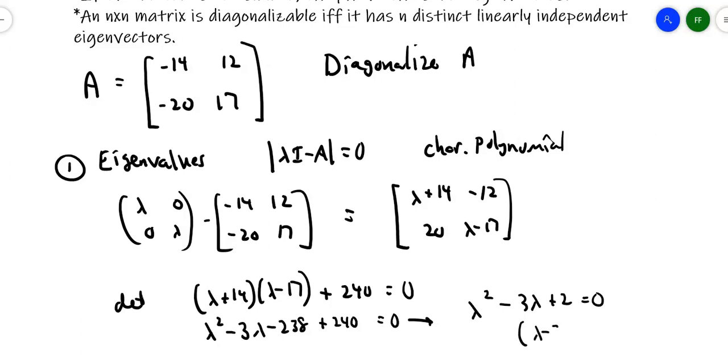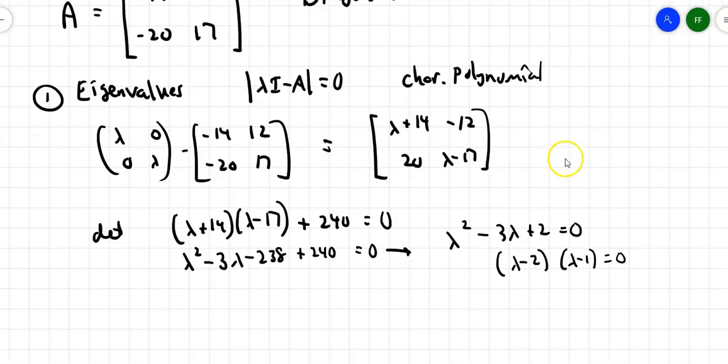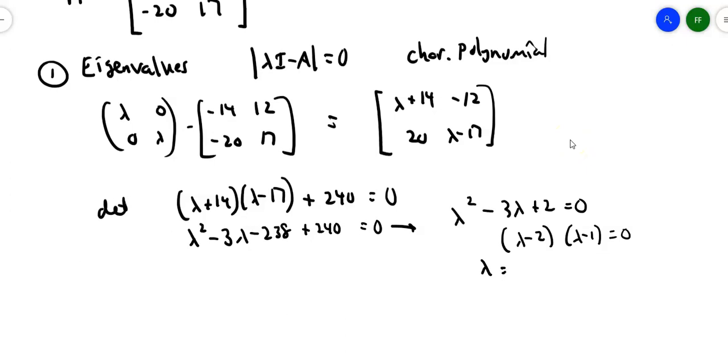Lambda minus 2, lambda minus 1. I check my work because it would be embarrassing if I get the whole rest of the problem wrong just because I factored it wrong. So lambda squared minus lambda minus 2 lambda is minus 3 lambda. Negative 2 times negative 1 is 2. That's the answer to my first part of my question, is that lambda equals 2, lambda equals 1 are the two eigenvalues that correspond to that matrix.